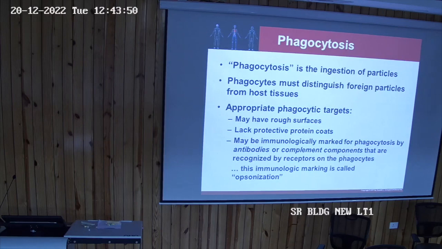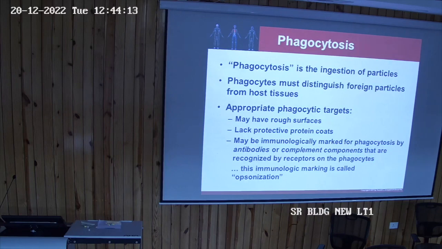So for identification at this step, the 3 features to keep in mind are these. The thing which has to be phagocytosed need not have a smooth surface. If a cell has to be phagocytosed, its surface will never be a smooth surface.